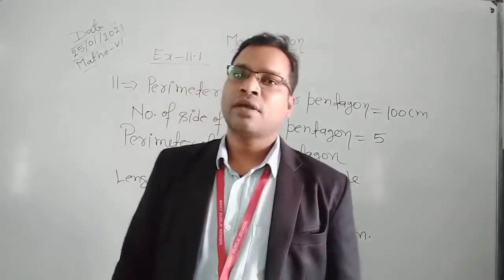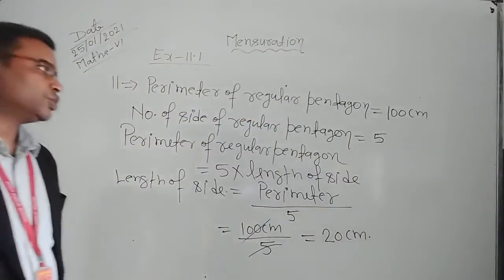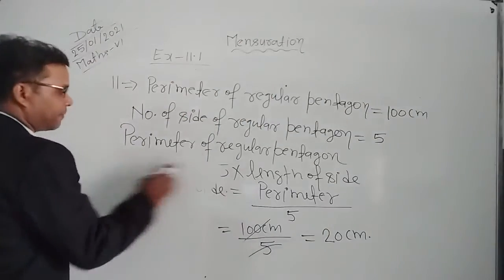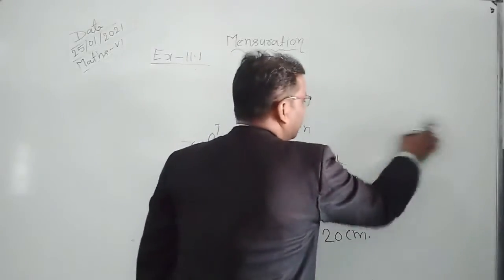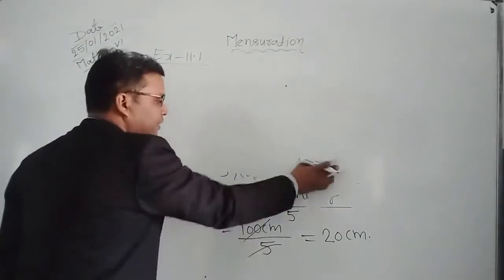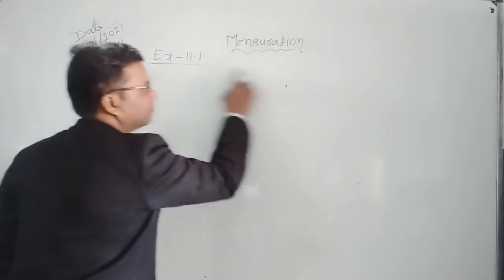So let's see how to find the length of side of a square. Okay, so first we erase this. So the length of string is given. What is the length of string? This is 30 centimeter, this is given.